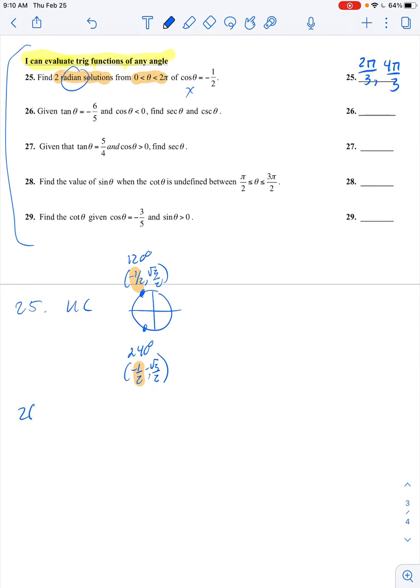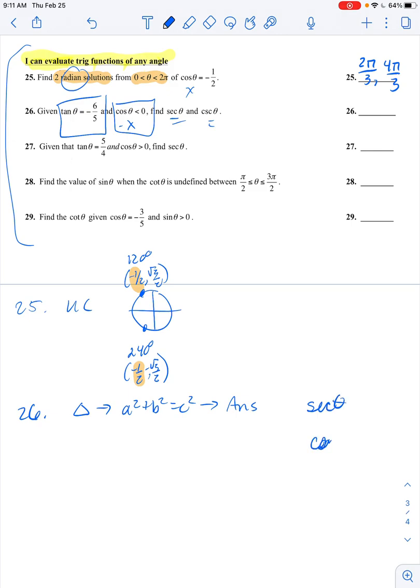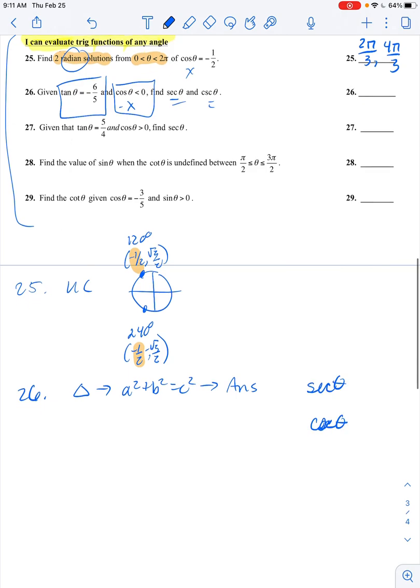Okay, 26. This is more like what we did in 4.4. It says the tangent's negative 6/5 and the cosine or x is less than 0. So this is the one where I need to do a triangle. I need to do Pythagorean theorem. And then I need to answer what it's asking: the secant and cosecant.